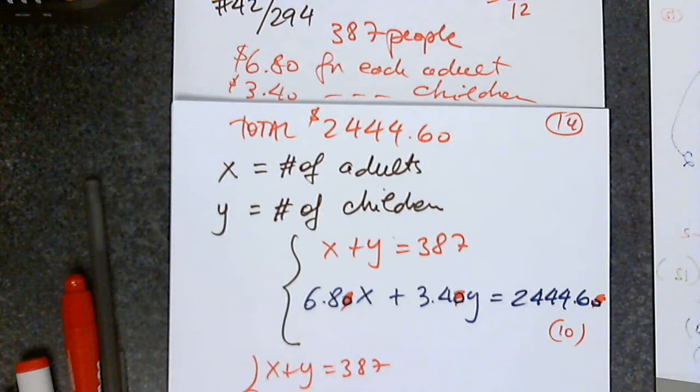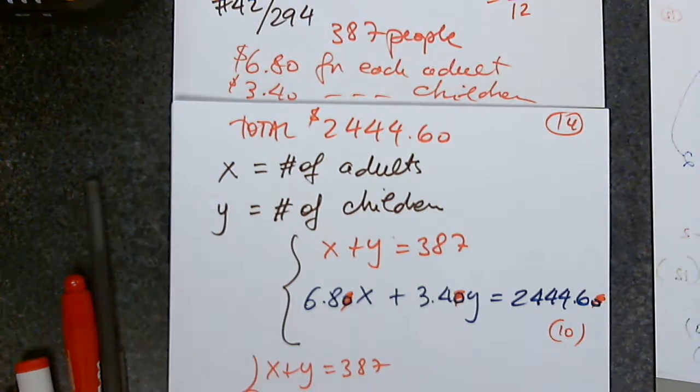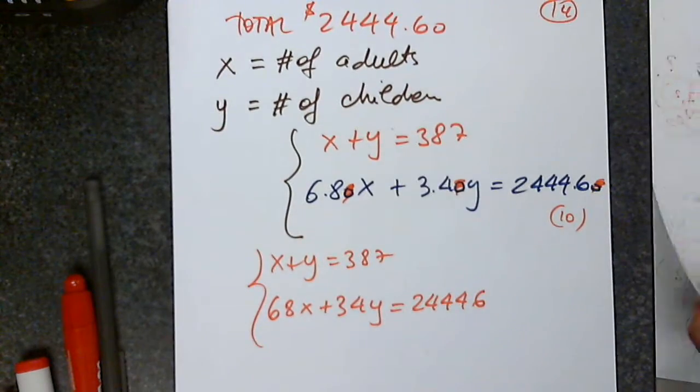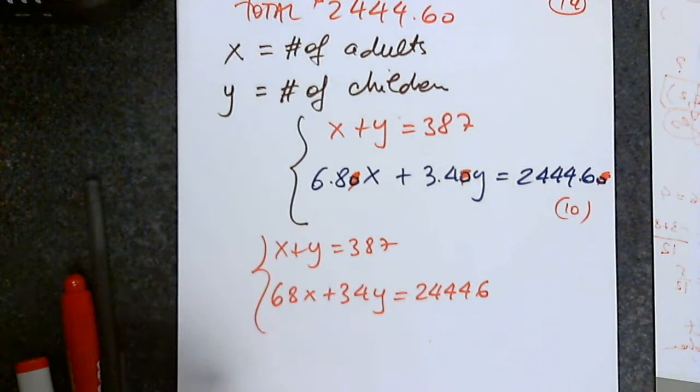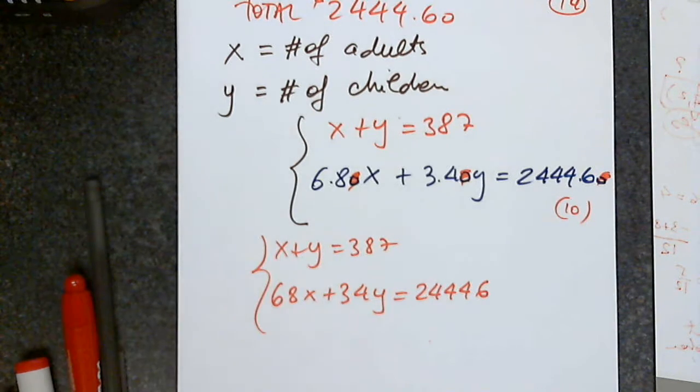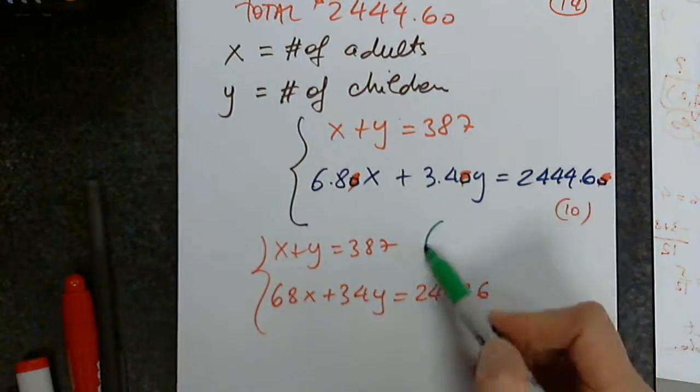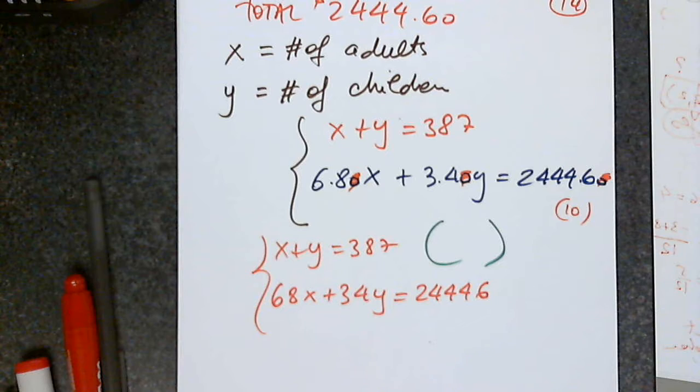And now I will make a decision. I can use substitution. I can use elimination. You decide. If you ask me, I will use elimination as often as possible, because plugging it in and distributing is more difficult for me. So if I multiply both sides by whatever you tell me, then I will eliminate the corresponding variable.